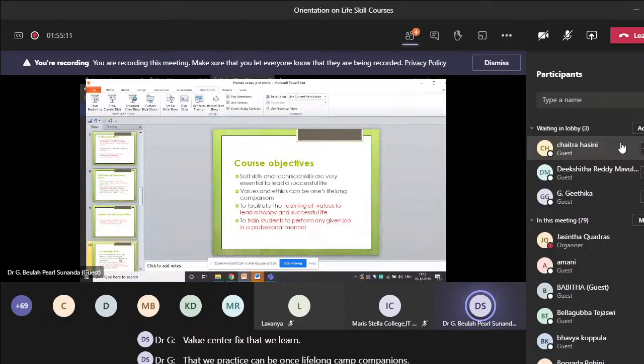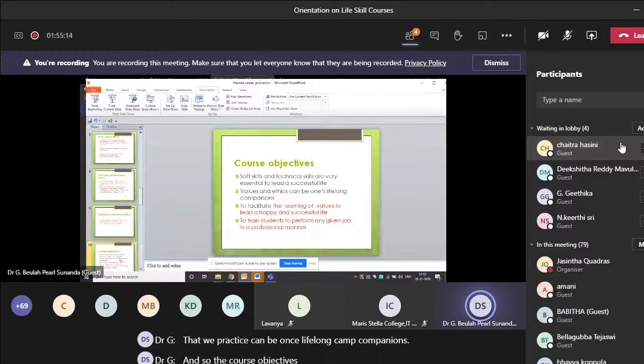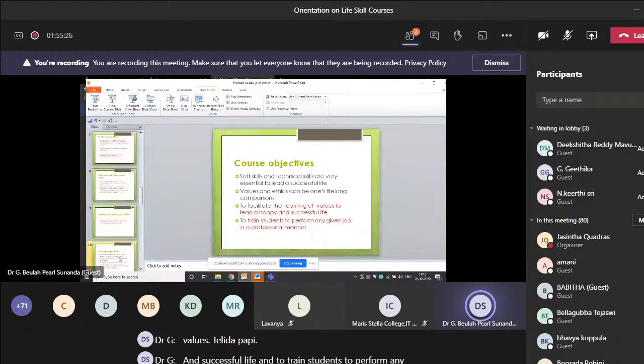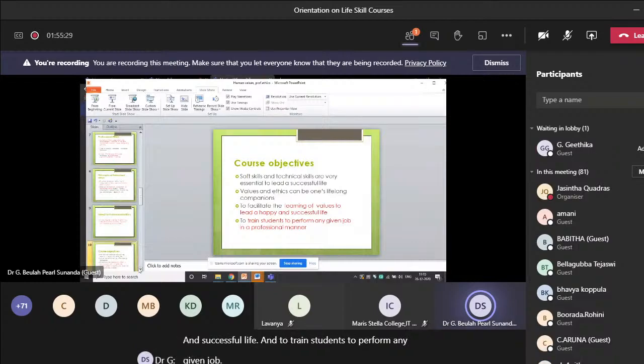And so the course objective is to facilitate the learning of values to lead a happy and successful life, and to train students to perform any given job in a professional manner.